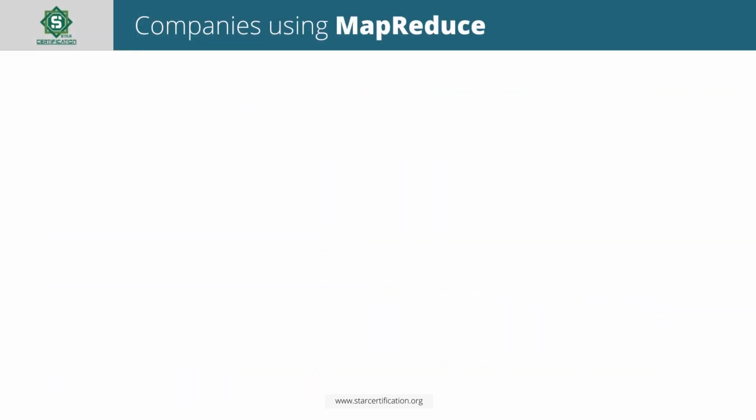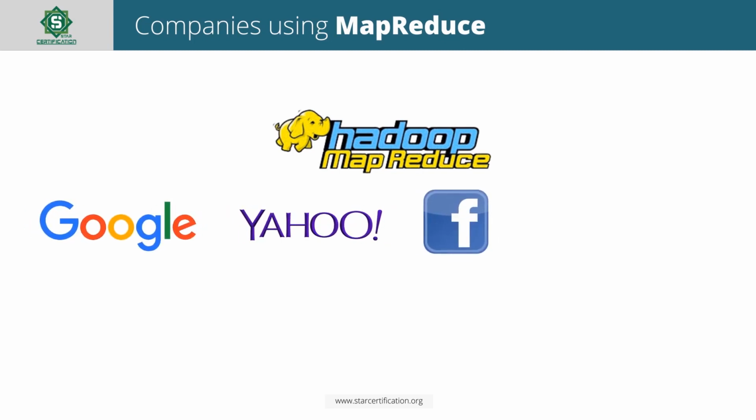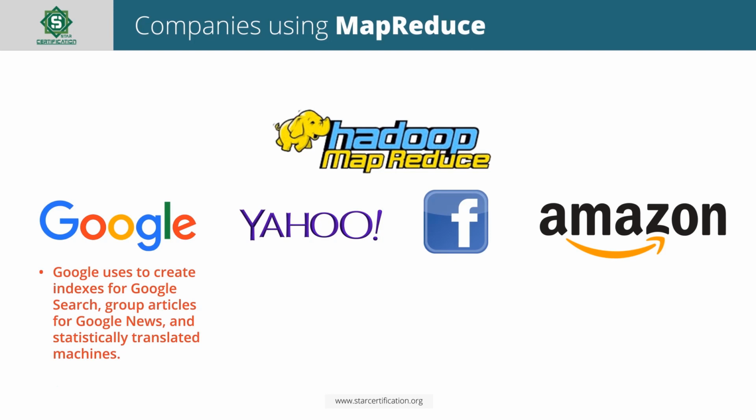Companies using MapReduce. Various companies use MapReduce, and the top companies that are using MapReduce are Google, Yahoo, Facebook, and Amazon. Let's look at the purpose behind using MapReduce. Google uses it to create indexes for Google Search, group articles for Google News, and for statistical machine translation.